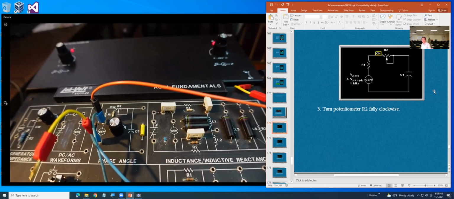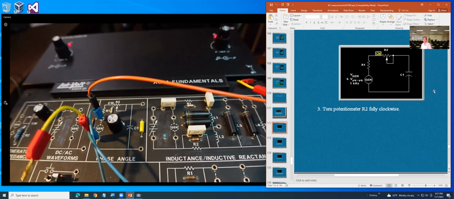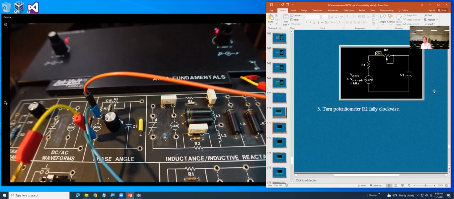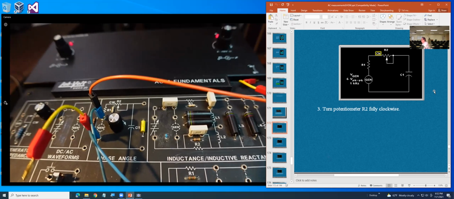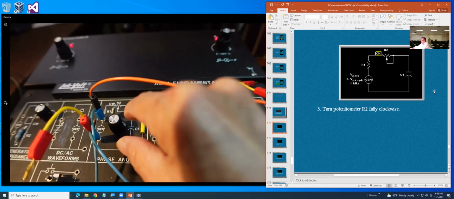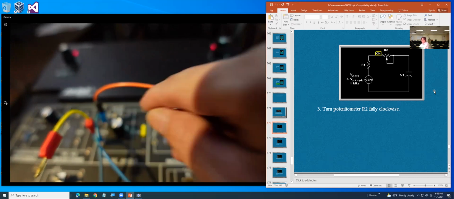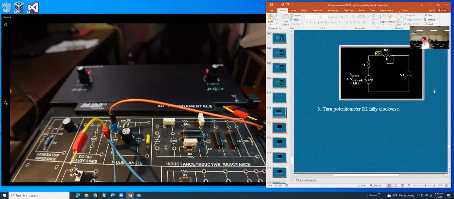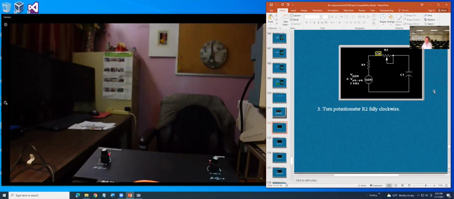Channel 1. And now they say turn potentiometer R2 fully clockwise. They're telling you, you have to turn that guy fully counterclockwise. That's what we do.